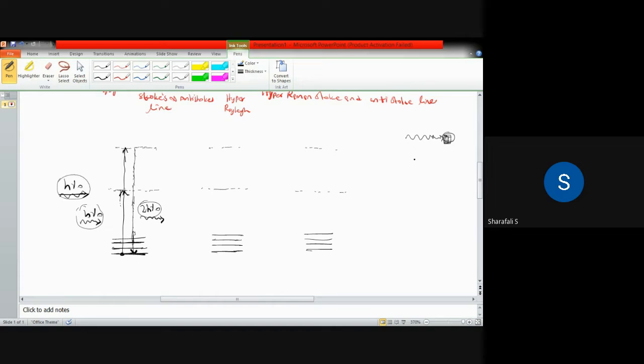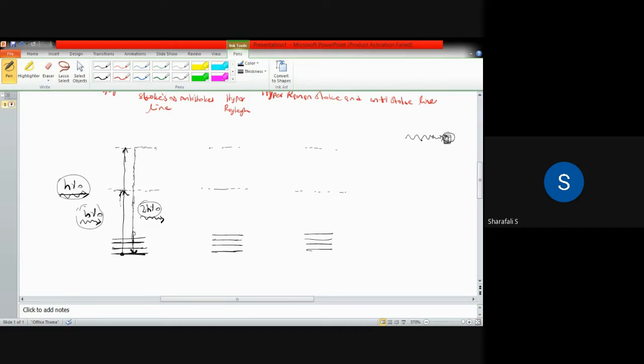That will be used for the vibration of that particular molecular bond, or otherwise used by that portion of the molecule to rotate. All those things are possible. But in the energy level representation, we just say that the molecule is excited, which means that the molecule has absorbed that radiation and used it for some vibrations or rotations.